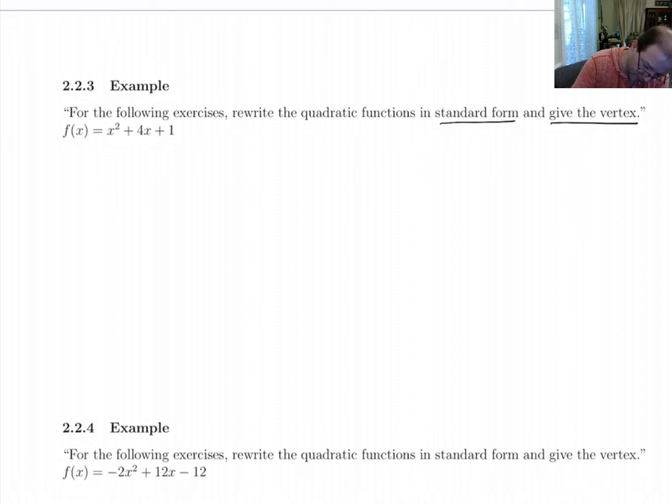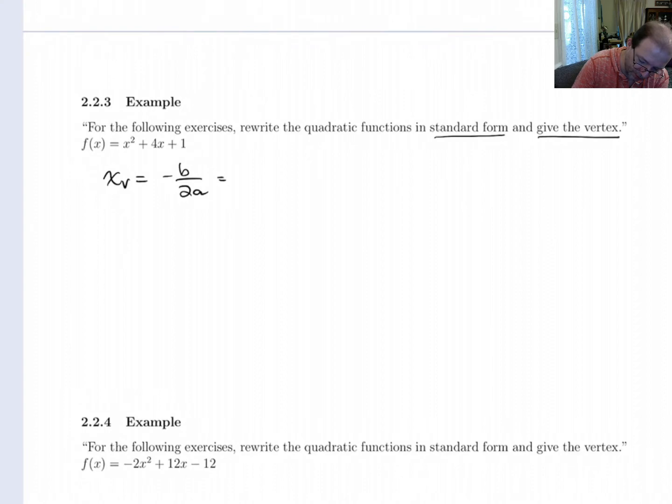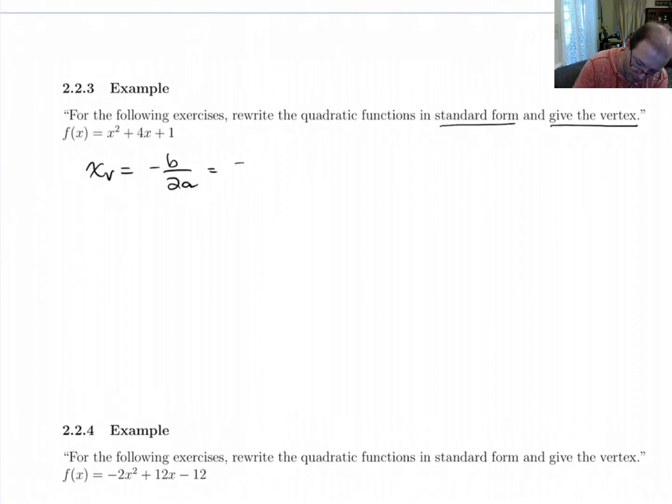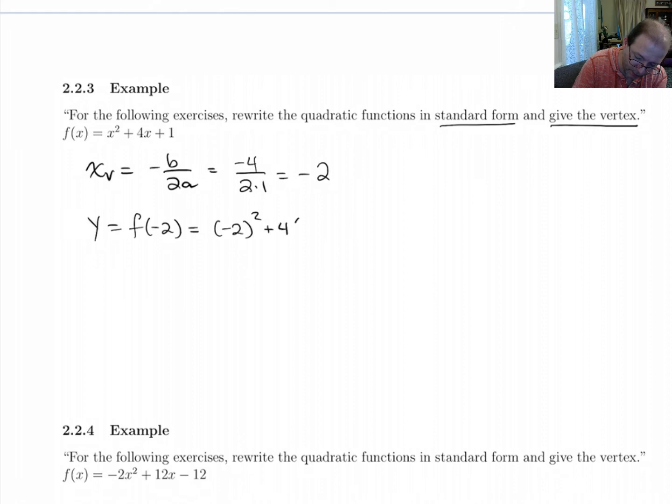So let's see, the vertex of this thing, minus b over 2a, that's going to be minus 4 over 2 times 1, so that's negative 2. And the y-coordinate is going to be f of negative 2. So that's negative 2 squared plus 4 times negative 2 plus 1.